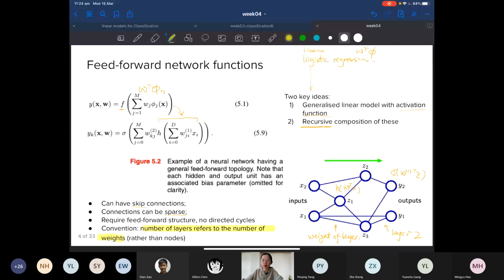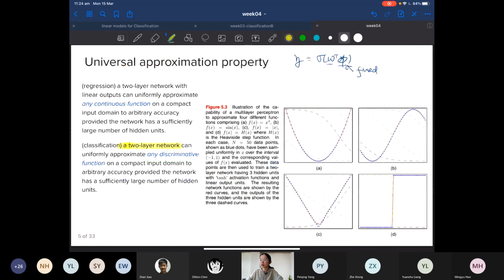Basically, the network we saw on the previous page, if we desire any input-output mapping in a continuous space, as long as we're allowed to have an arbitrarily large number of hidden nodes, z's, we can approximate that function. That's what it says. So this formal statement says a 2-layer network with linear output can uniformly approximate any continuous function on a compact input domain to arbitrary accuracy.